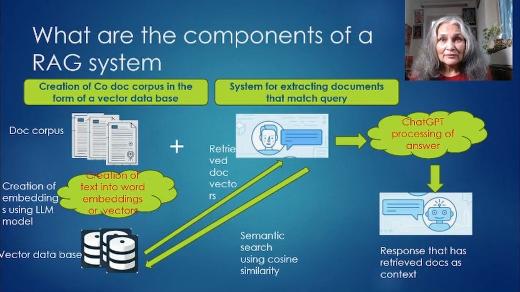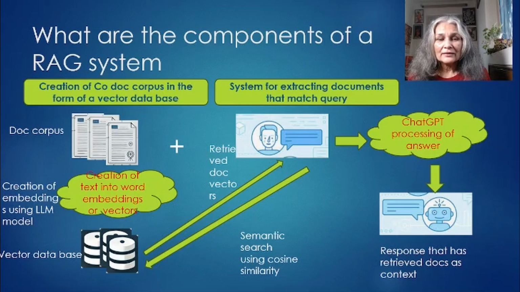The advantage with the RAG system is that for the company, their private data remains their private data. It does not get in any way transmitted into ChatGPT's parameters. So let's see what is a RAG system.